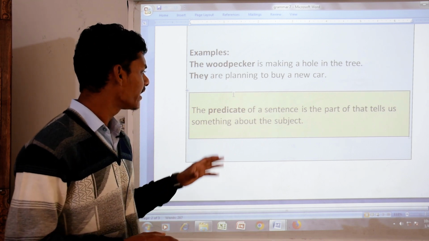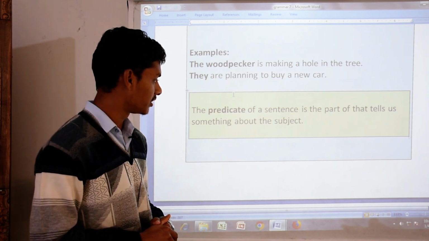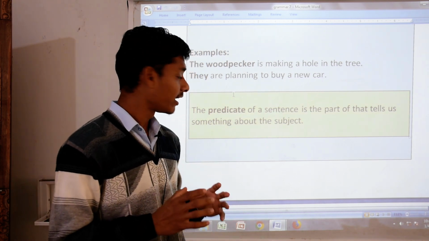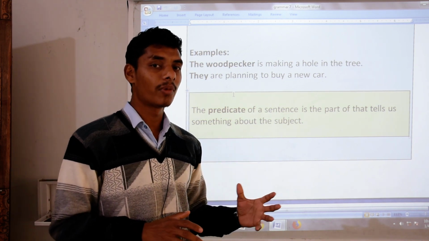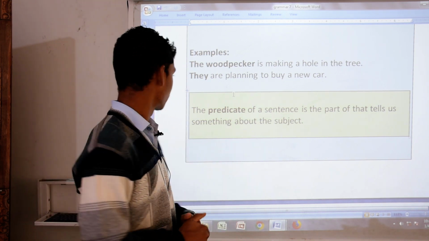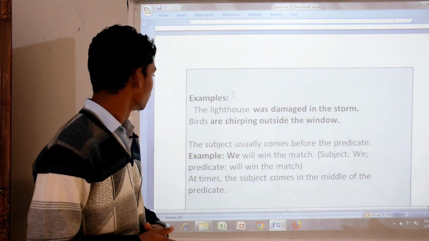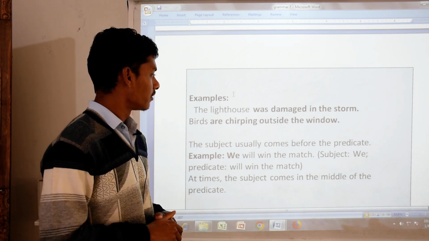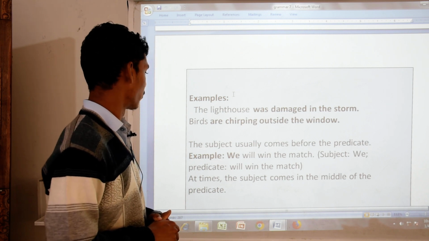Next, the predicate of the sentence is the part that tells us something about the subject. It is the remaining part after the subject. Let's see examples. "The lighthouse was damaged in the storm."